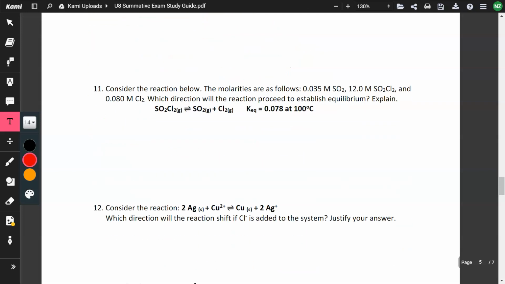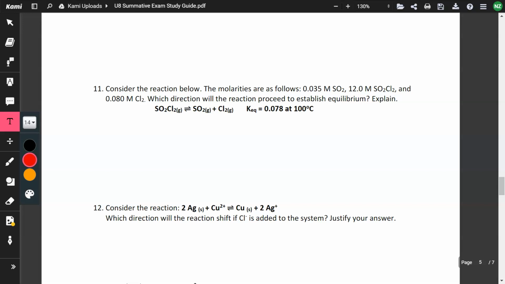All right, 11. Consider the reaction below. The molarities are as follows. Which direction will the reaction proceed to establish equilibrium? Okay, well, we need to find our K expression.